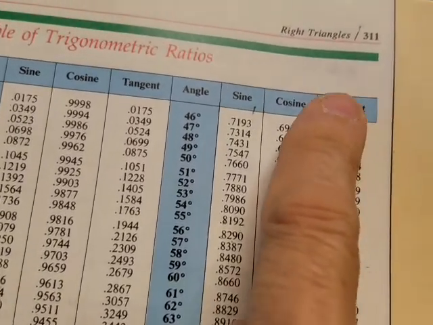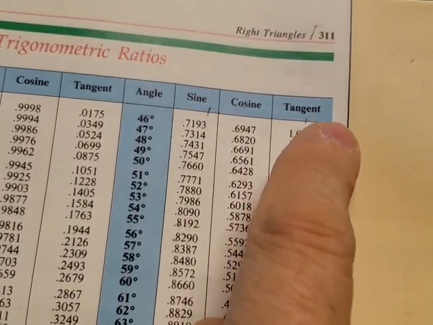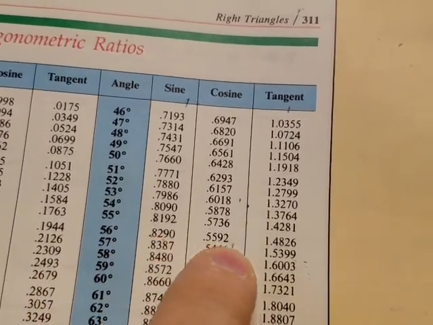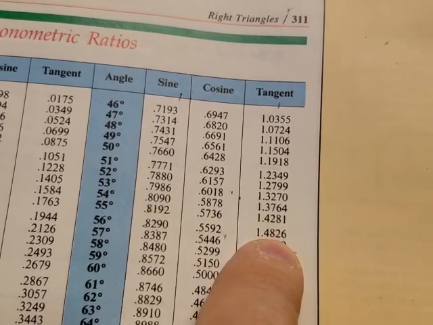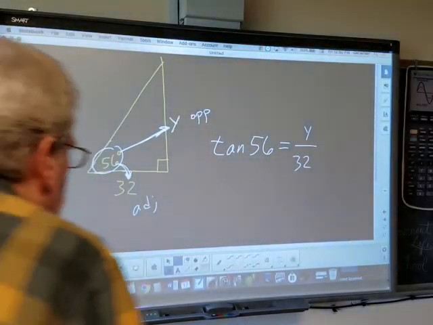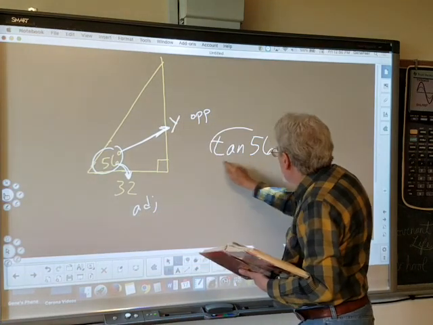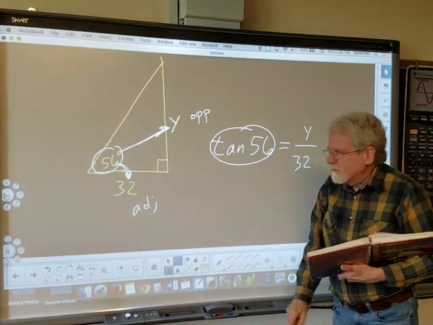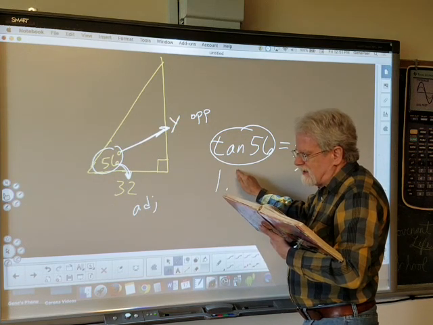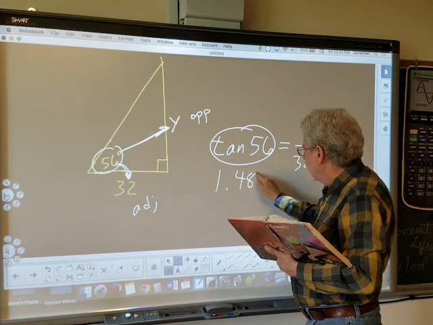I see that the tangent of 56 is 1.4826. So I go to the board. I now know what that equals. It equals 1.4826.